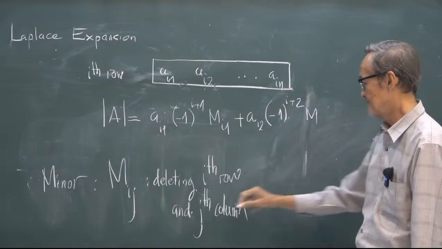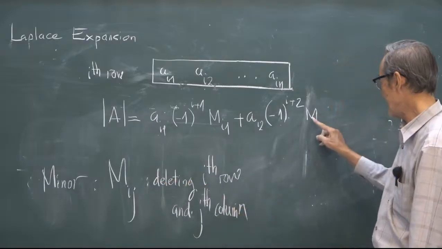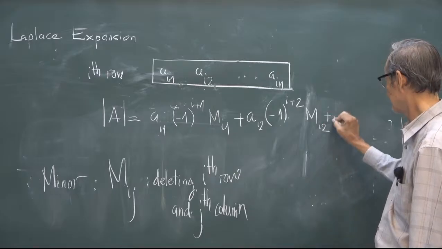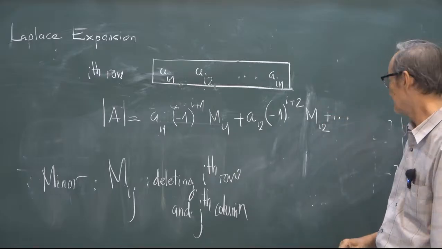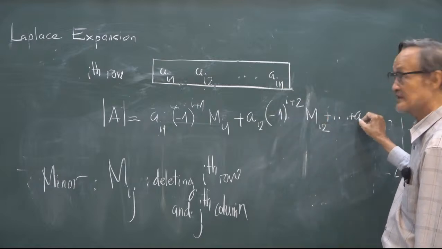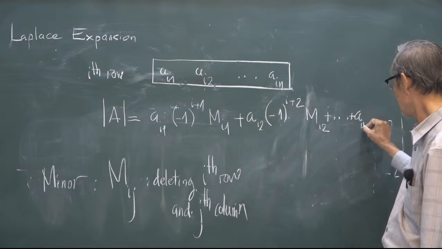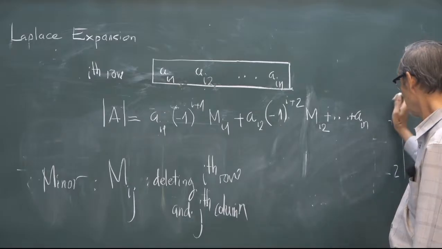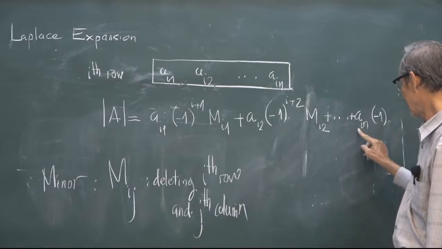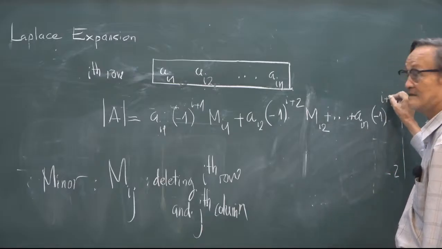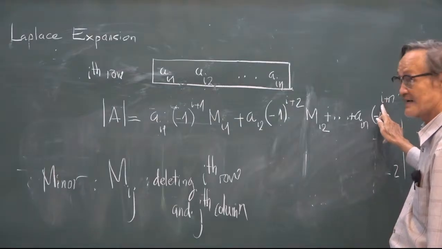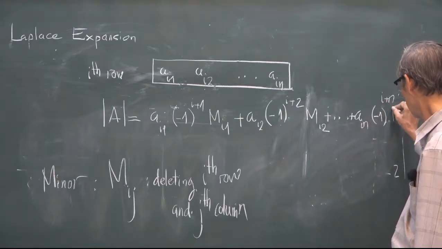We use this symbol M_i2, etc. Here this element, write down a_iN, number minus sign i plus N, and delete the ith row and Nth column.